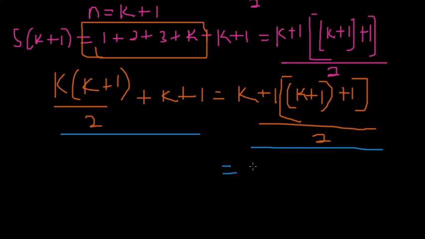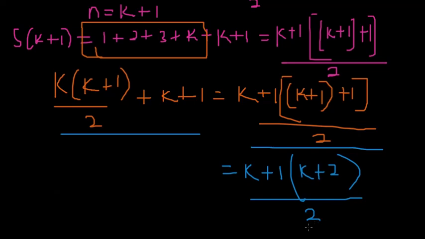So we have (k squared plus k) divided by 2, plus k plus 1.